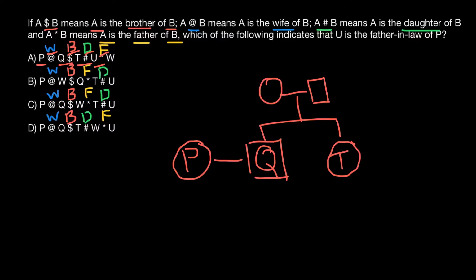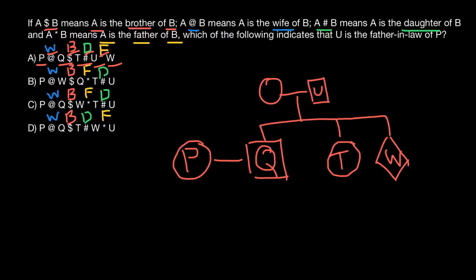U is the father of W, so father means this person, and we should add another sibling here who is going to be W. Sex is not specified, so we include this symbol.